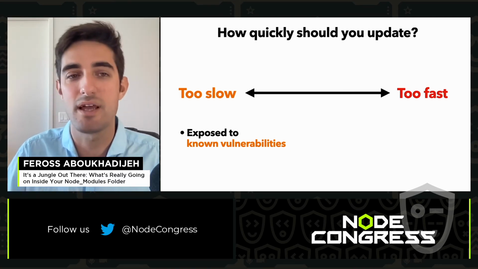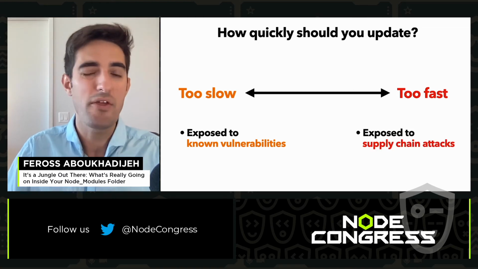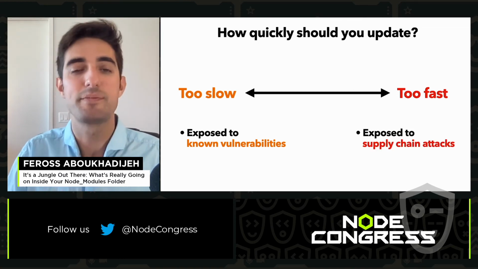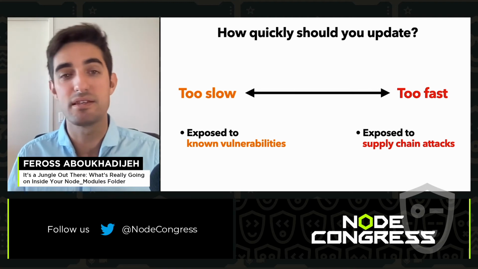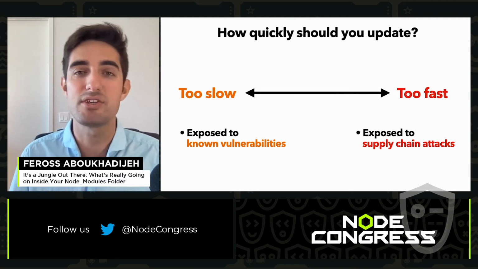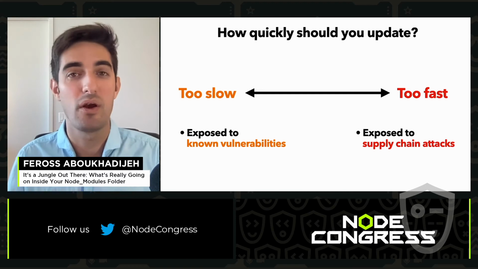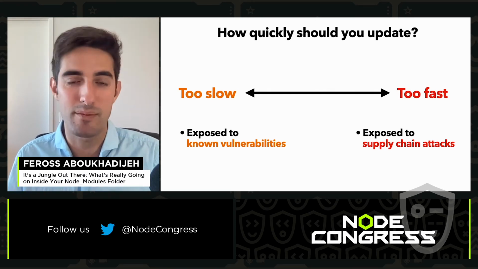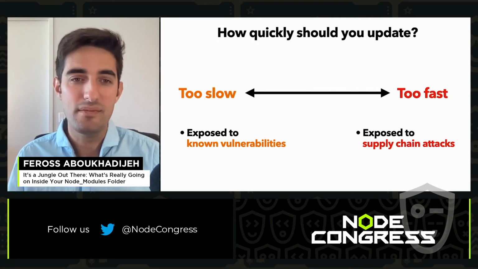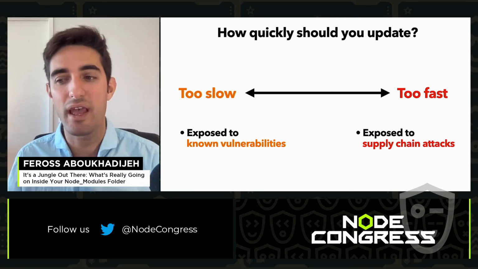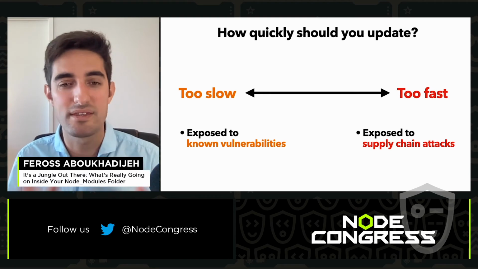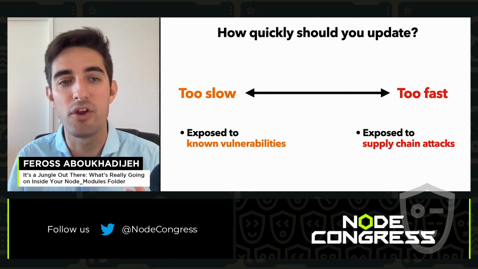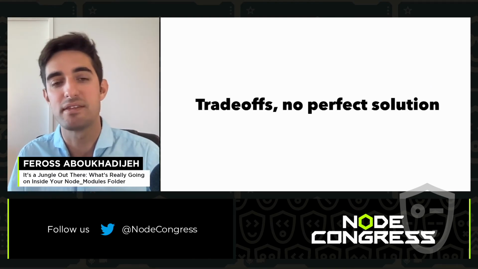So there are downsides to updating too slowly. On the other hand, if you update too quickly, you expose yourself to supply chain attacks, because you're now running code that may have been published literally yesterday or in the last couple of days, which means that you haven't had that many eyeballs able to look at the code. As you think about security, you have to balance this trade-off, and there really is no perfect solution here. It's just a hard problem.